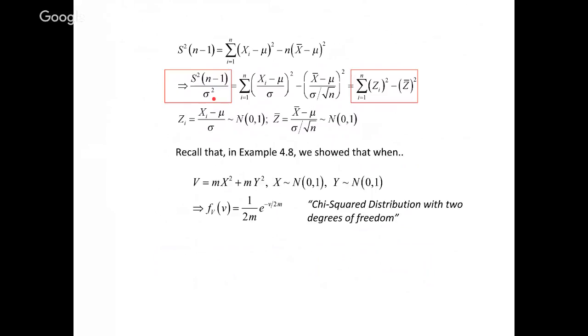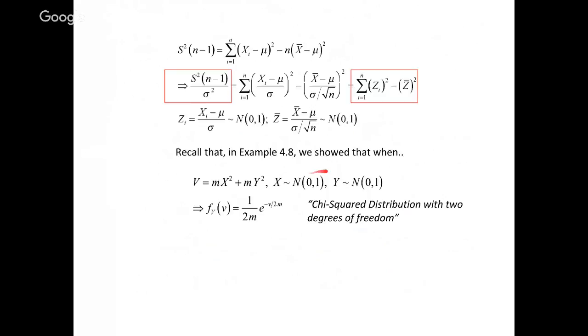And in fact, we can go back in time and remember that we worked a problem a little bit like this, example 4.8. Back in the day, what we showed is that you had a dependent random variable v, say, which was the sum of two independent random variables, x and y. And the formula basically was that v was proportional to each of these random variables squared.